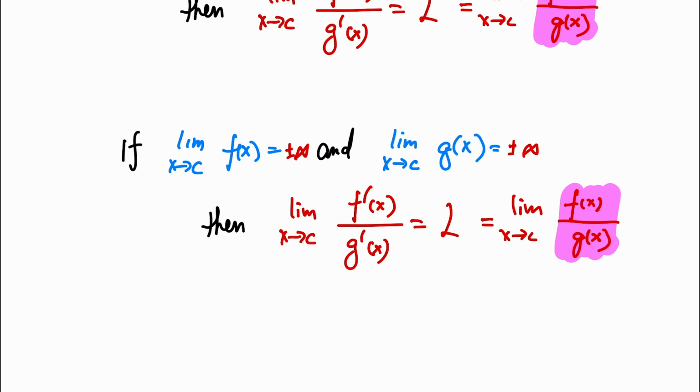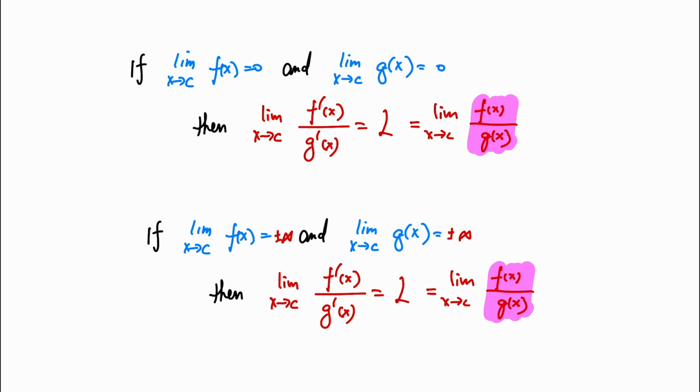That also works. But do not get these two separate rules, which are under one name, mixed up, because it does not work when there's like 0 over infinity, because that is actually a definite form that's just equal to 0, right?